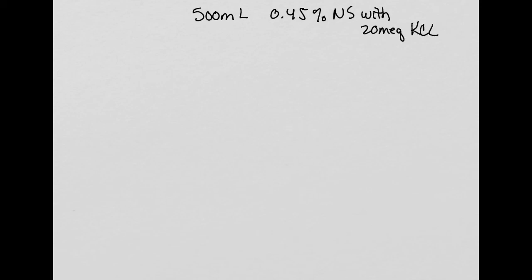Okay, let's do another one. We have 500 mLs that the provider ordered of 0.5% normal saline with 20 milliequivalents of potassium, and we need to infuse over 8 hours.